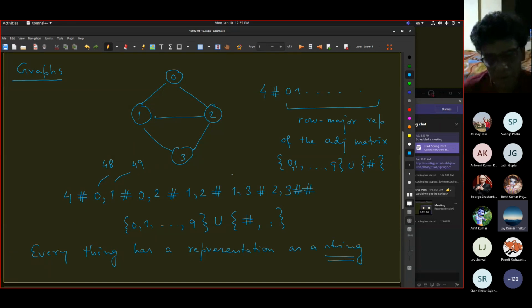Sir, maybe it is. I mean to say, if we represent all the characters in ASCII code, then we need some identifier from which a computer can identify. So this is the number and this is the character. No, this hash as a character is there, right? Okay. Yes, sir, understood.